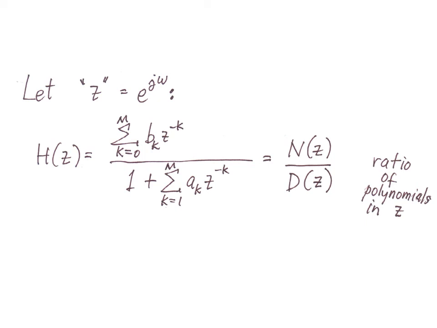Rational means ratio, a ratio of polynomials. Extremely useful. This makes it possible to write algorithms and build hardware to implement these filters using simple delay units, multipliers, and adders. So it's an easy to implement, easy to analyze way of designing digital filters.